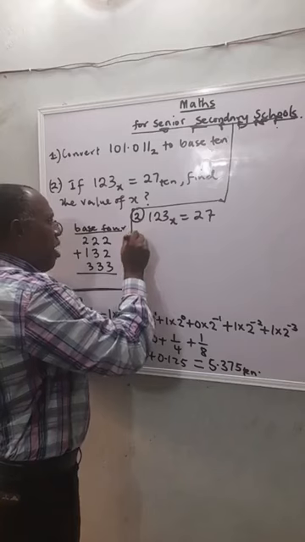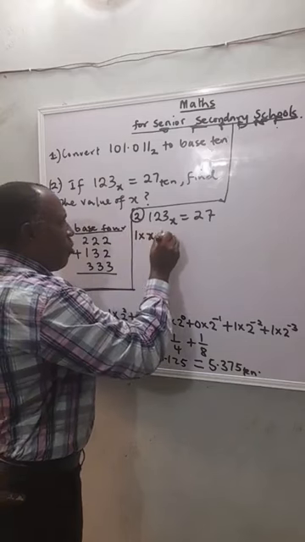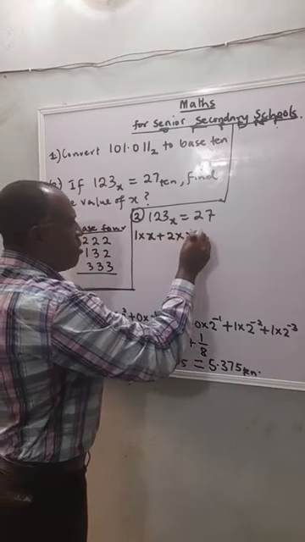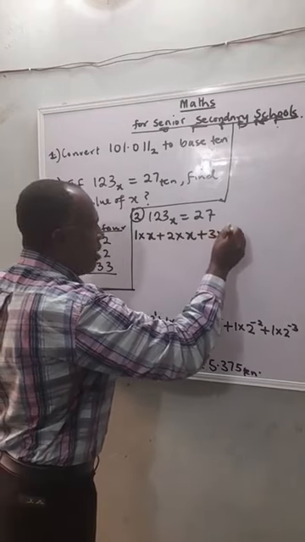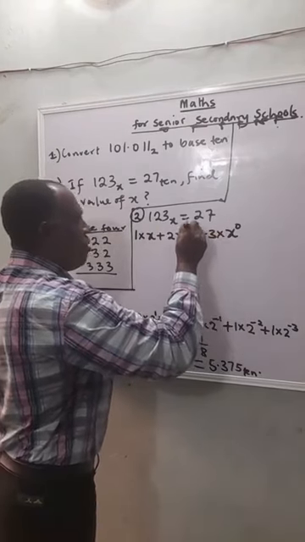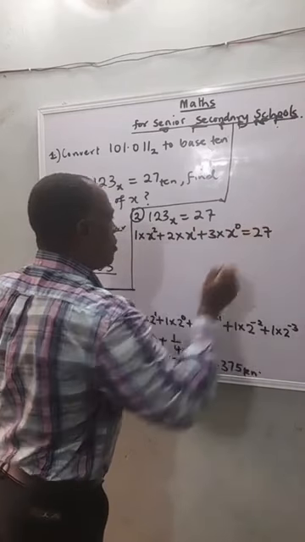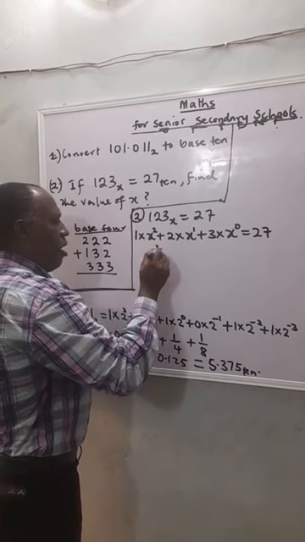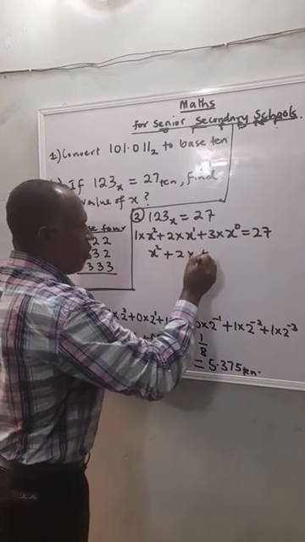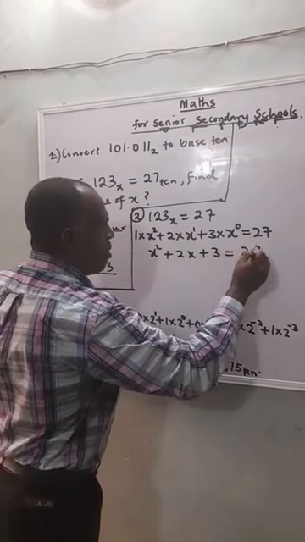The same process: 1 times x plus 2 times x plus 3 times x raised to power 0, raised to power 1, raised to power 2, all equal to 27. Here is x squared plus 2x plus 3 equal to 27.